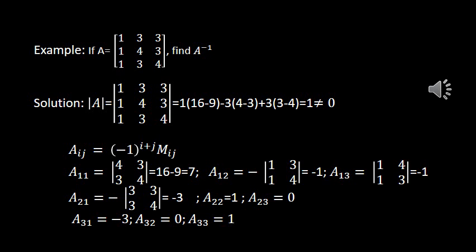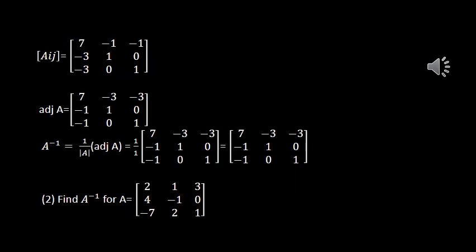The adjoint is the transpose of the cofactor matrix, so the columns change to rows. So 7, negative 3, negative 3: the first column is now the first row. The second column is the second row. The third column is the third row. Or the first row is the first column, and so on.